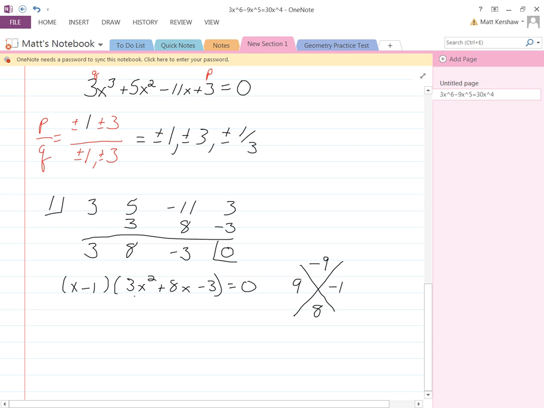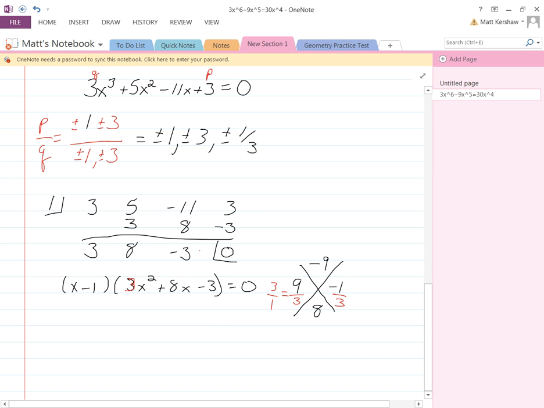And since our leading term here is not a 1, we have to do that extra step. The extra step is we are going to divide now by our leading coefficient, this 3. So can we reduce this? Well, 9 over 3 becomes 3 over 1, and -1/3 doesn't reduce.